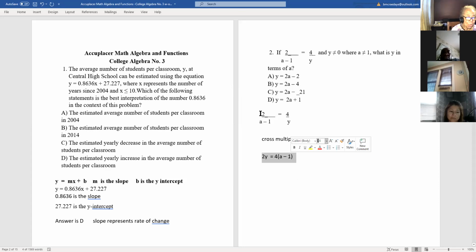Remember, multiplication can be a dot, an X, or asterisk, or it can be parentheses, or it can be side by side. So when you see 2y, that means 2 times y. And 4 times a minus 1 means 4 times the expression a minus 1.